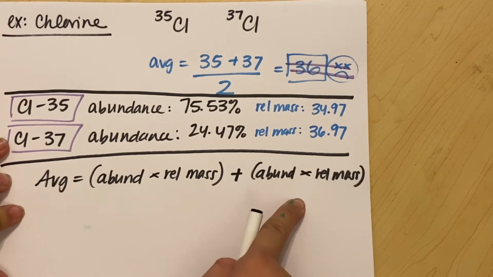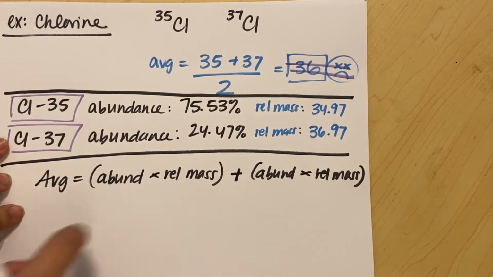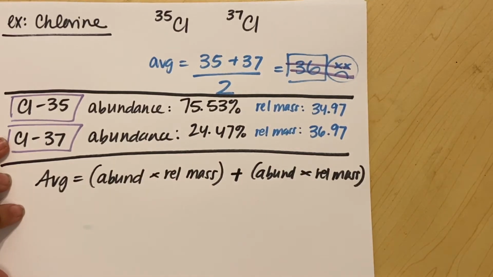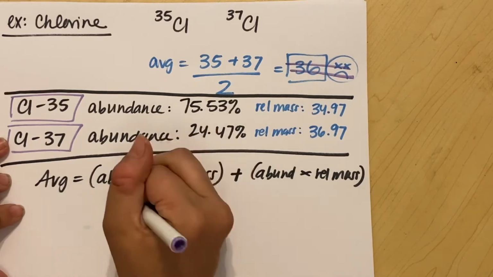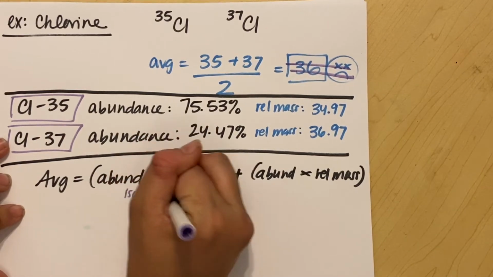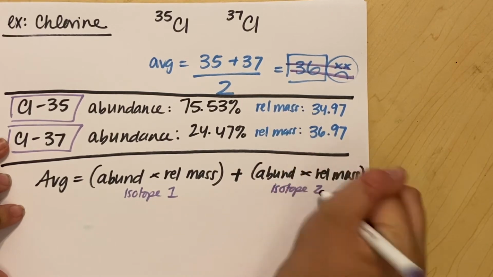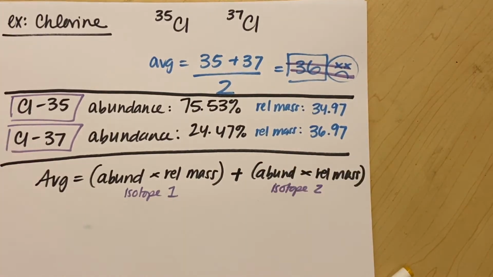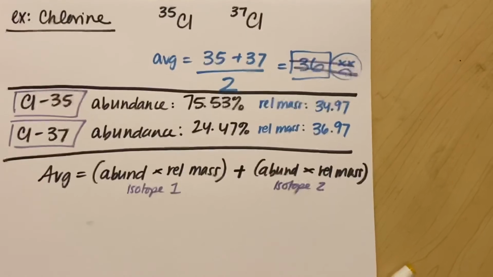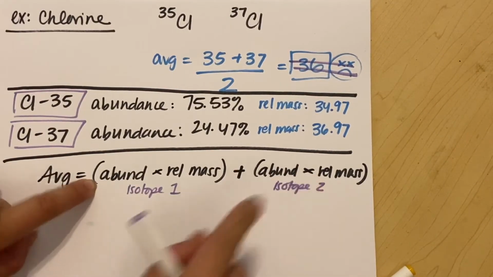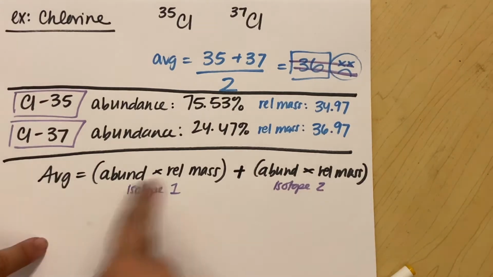If you had 3 isotopes, you do it a 3rd time. If you had 4 isotopes, you do this a 4th time. This part is for isotope 1, this part is for isotope 2, and you would go on and on for however many isotopes you had. If you had 17 isotopes, you would do this 17 times. I would never make you do that in a quiz or a test, but just so you understand.